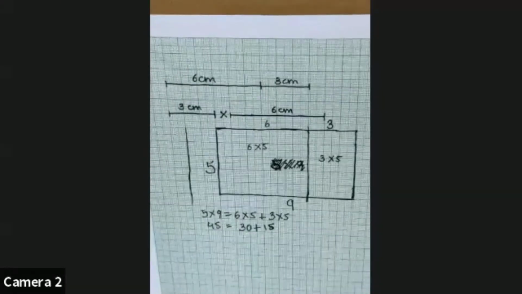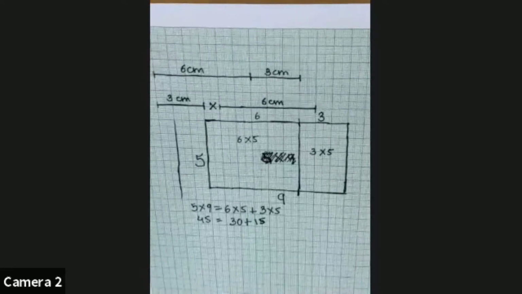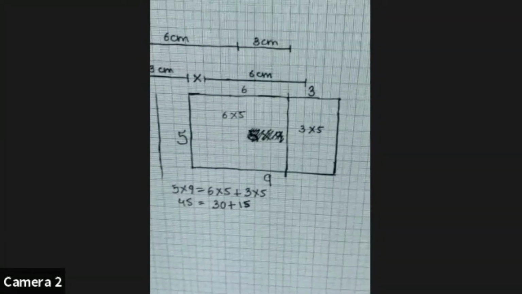Spotlight. Can we have spotlight? Okay, Nandita, what have you written? Have you replaced 9 by 6 plus 3? Okay, please give me what you have written. Let me look at it closely. Both of you.